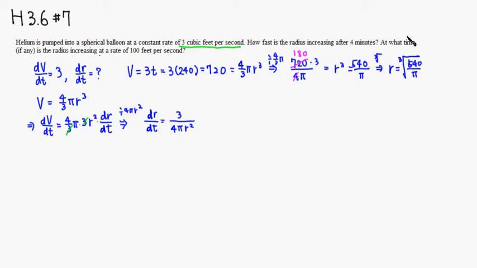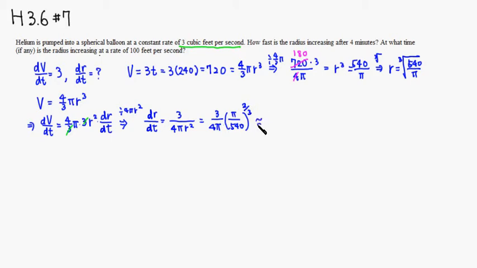All you really have to do is plug that in here. It's 3 over 4 pi r squared. Since r is sitting on the bottom, I'm going to take the reciprocal: pi over 540. Cube root is the 1/3 power, but you have to square it, so it's the 2/3 power.